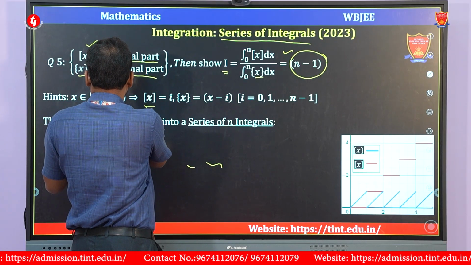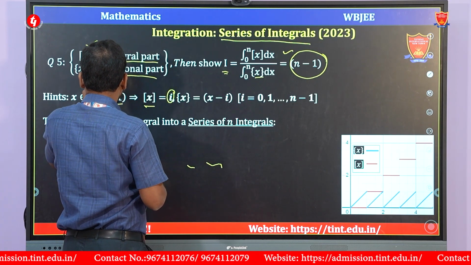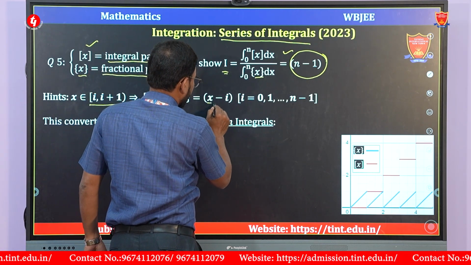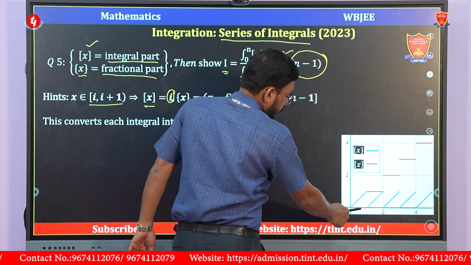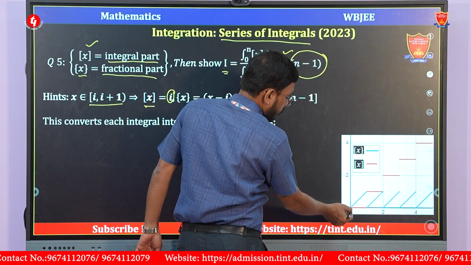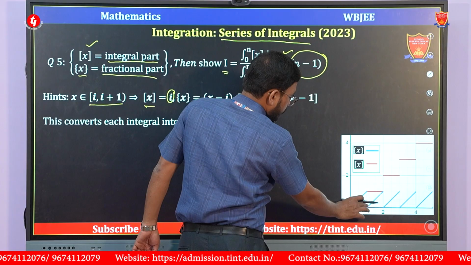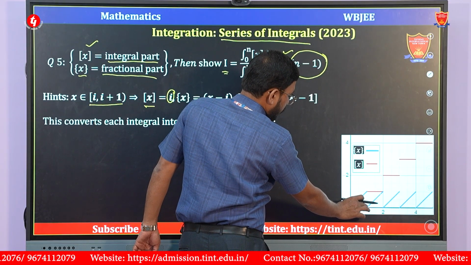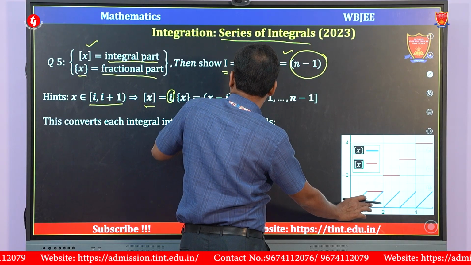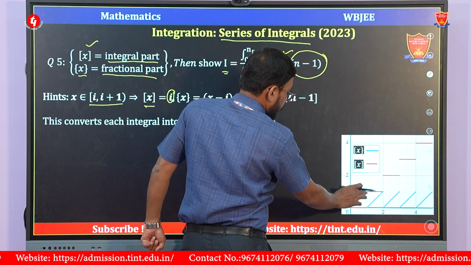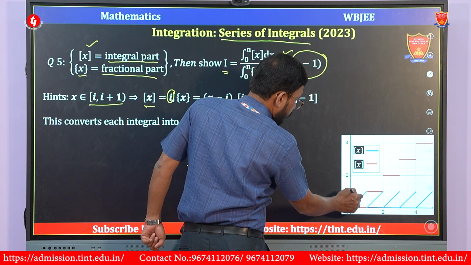Box x is the lower limit of the interval, that is I, and the fractional part of x is x minus I. From 0 to 1, box x is 0, and the fractional part is x minus I, that is x minus 0, which reaches 1 at x equal to 1, as in your graph.